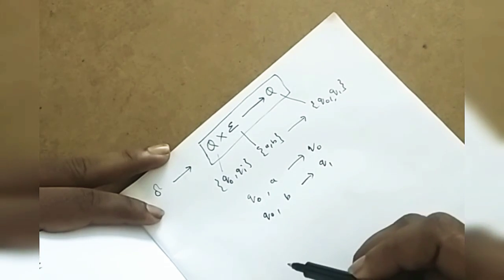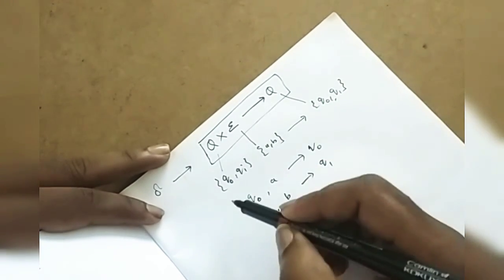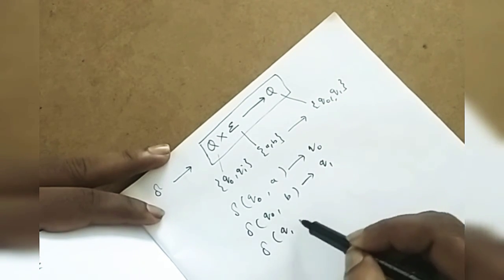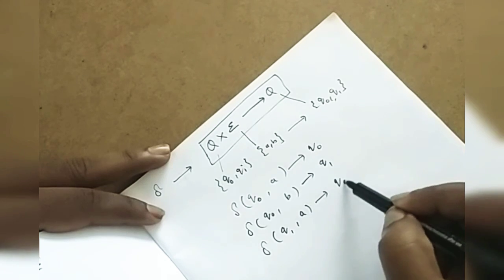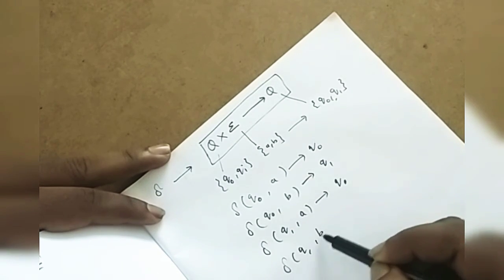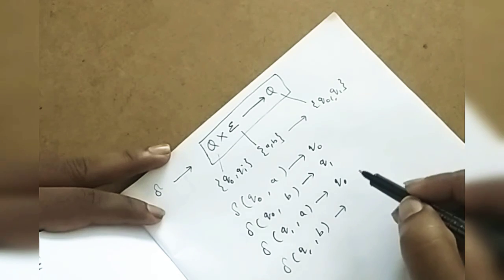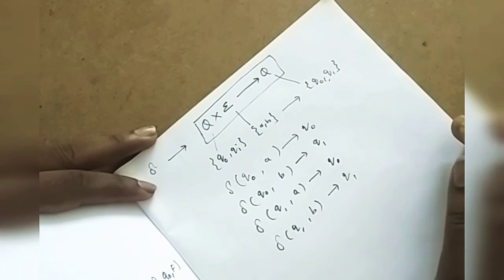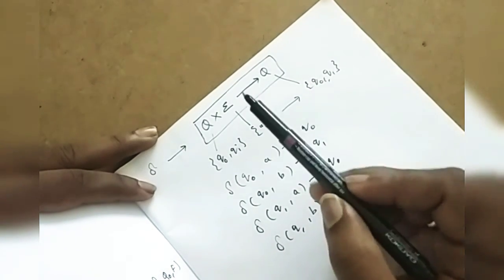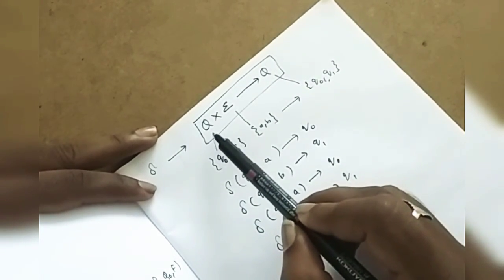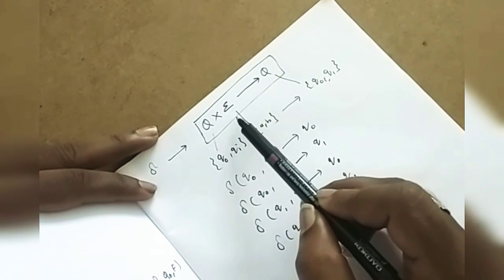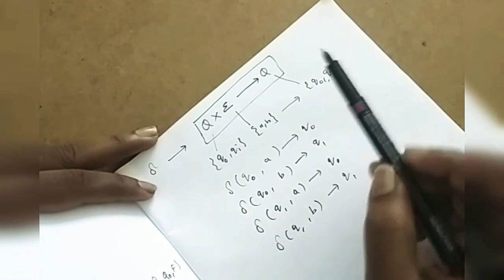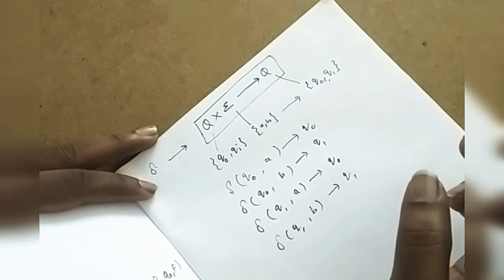The whole diagram can be like this, right? This is the transition function which will tell you where to go. Q1 on A goes to Q0, Q1 on B goes to Q1, whatever it is. You should take one state and the input symbol, and if you apply it, it should go to one state from Q. That is the definition.